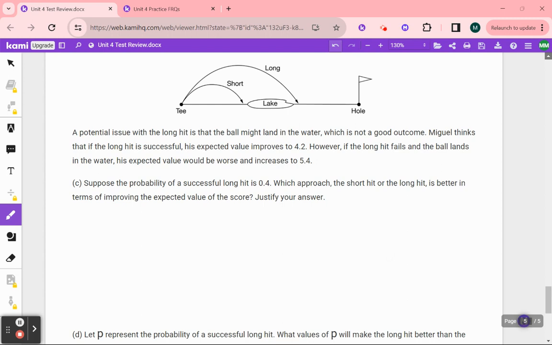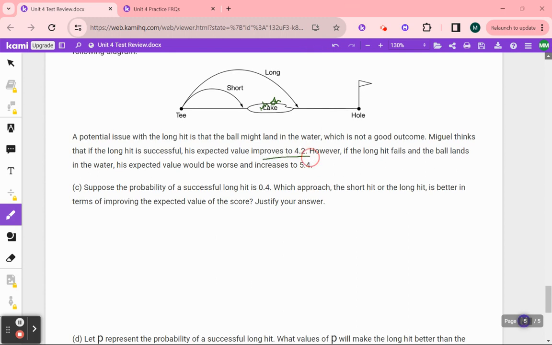The 2 approaches are shown in the following diagram. A potential issue with the long hit is, what if it lands in water? That's not a good outcome. Miguel thinks that if the long hit is successful, his expected value improves to 4.2, which is better than 4.55. But if the long hit fails, then he expects a lower score.